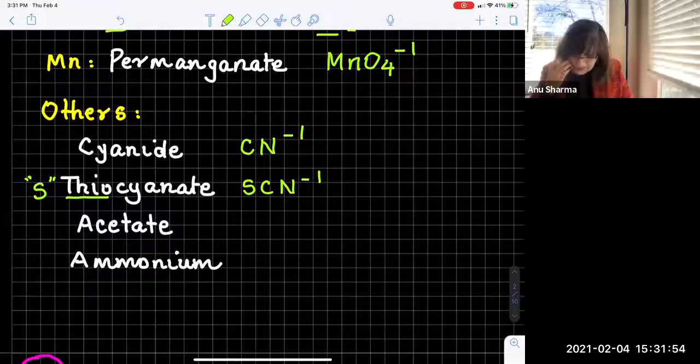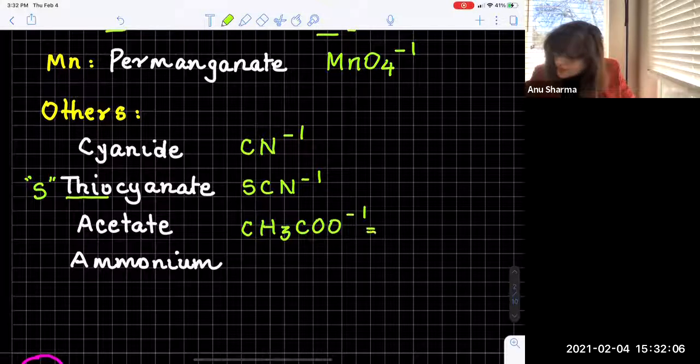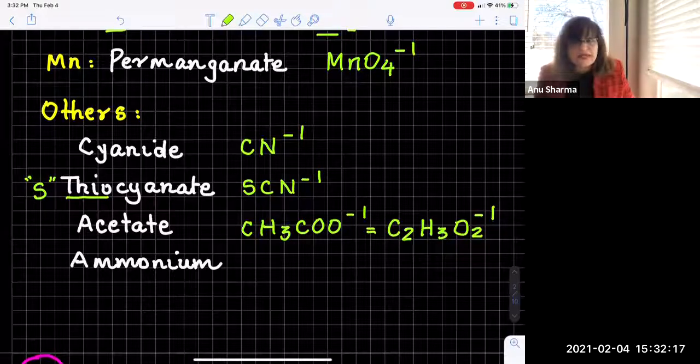Okay, thiocyanate is 1 negative. Then comes the acetate. Now acetate is CH3COO 1 negative. And this is also written as C2H3O2 1 negative. So this is the other way of writing it.